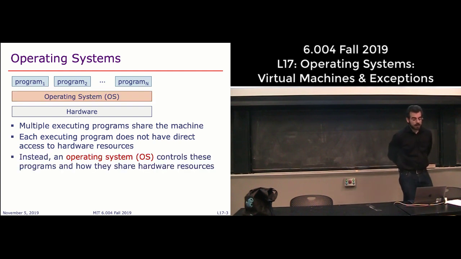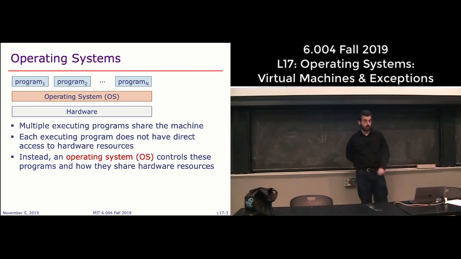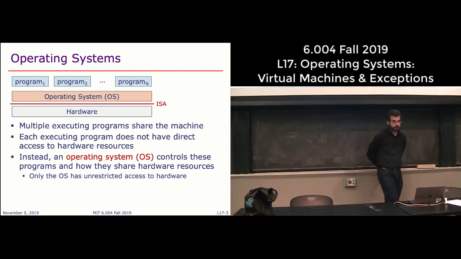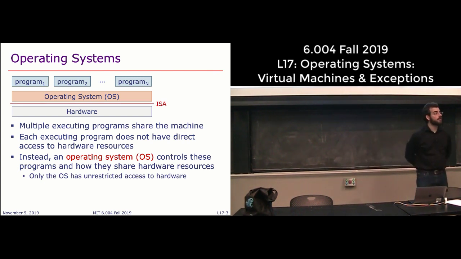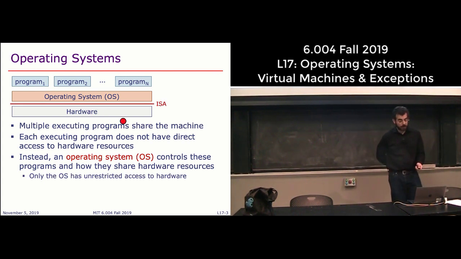Instead, there is what we call an operating system in between programs and hardware. So this operating system is controlling how these programs share the underlying hardware and what each of these programs can do. Only the operating system has unrestricted access to hardware.